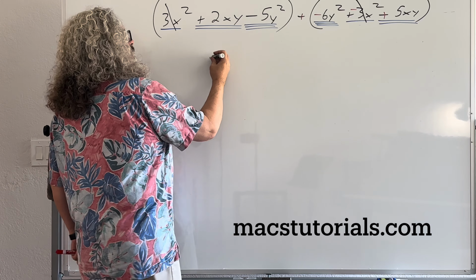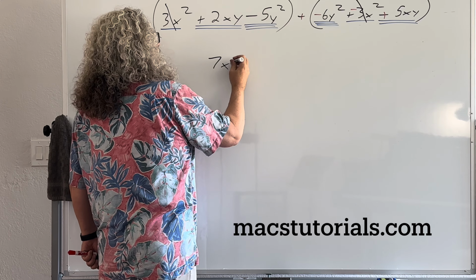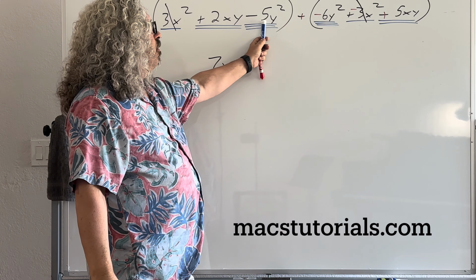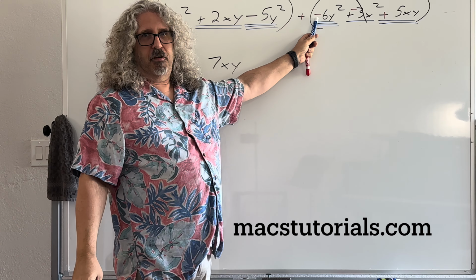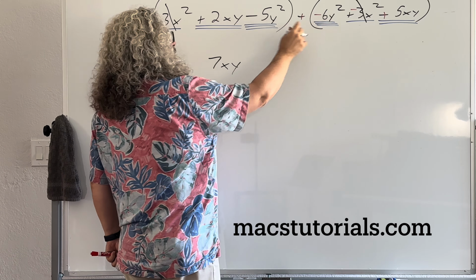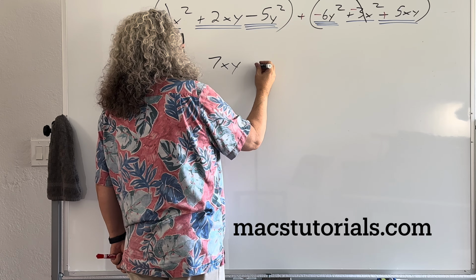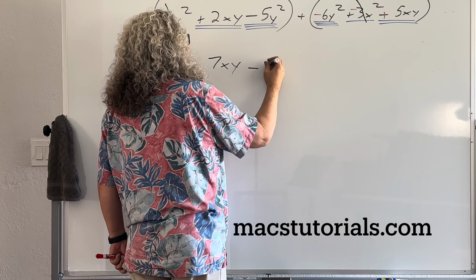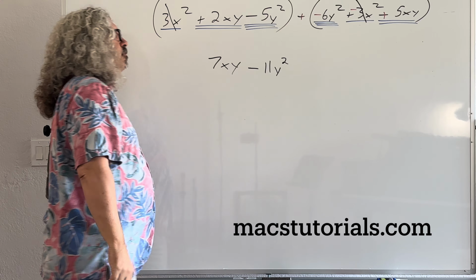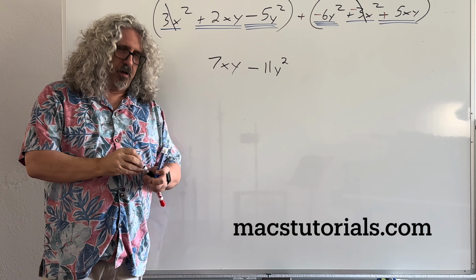Signs are the same. I'm going to add them together, and I'm going to get a 7xy. And lastly, I have a negative 5y squared plus a negative 6y squared, which is negative 5 plus a negative 6. Signs are the same, so I'm going to add them together, and I'm going to get a negative 11y squared. Okay? And so there's a little trick there.